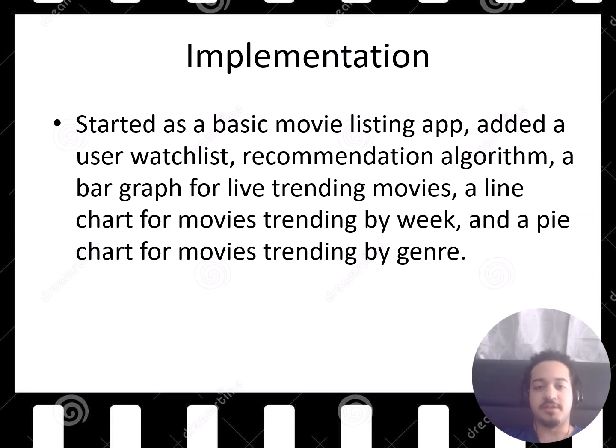As I started working on it, I found that an easy way to be able to recommend, I needed input, so the watch list became the way to get input from a user so that I'm able to recommend based on what they add to said watch list.